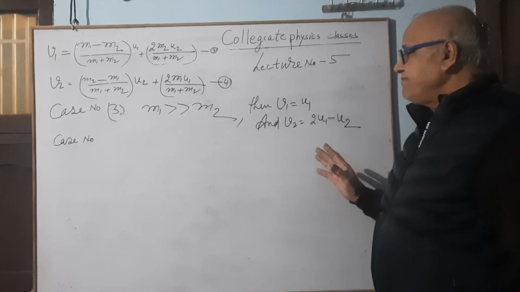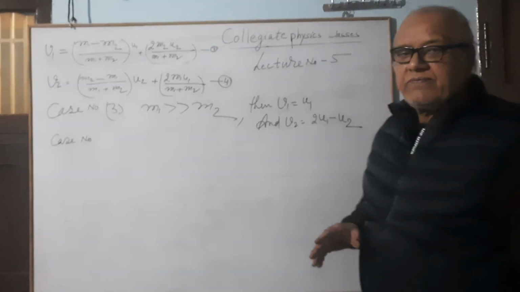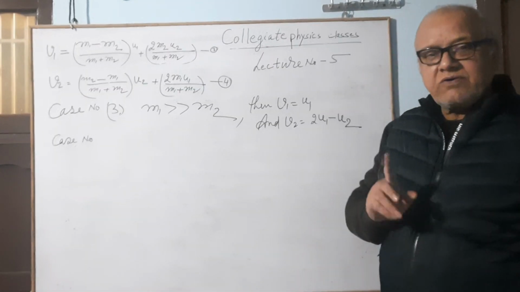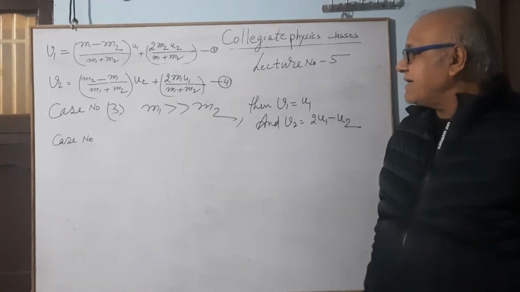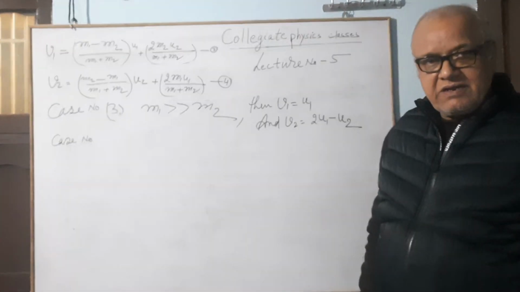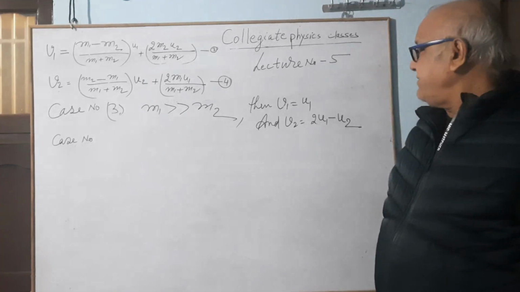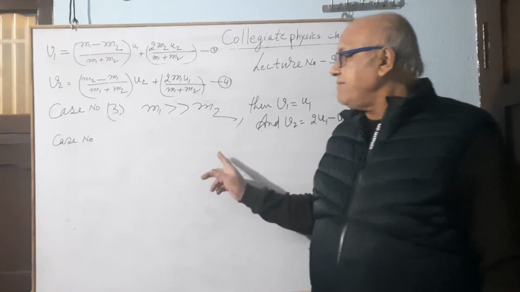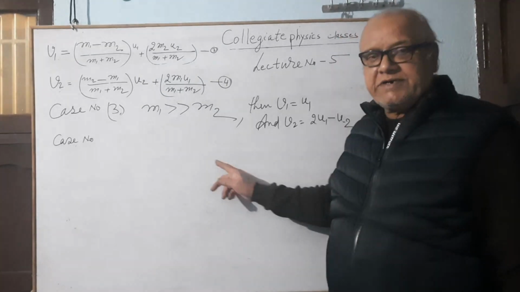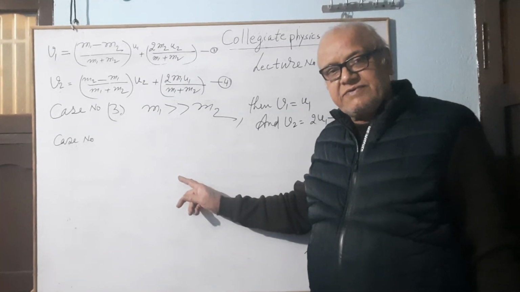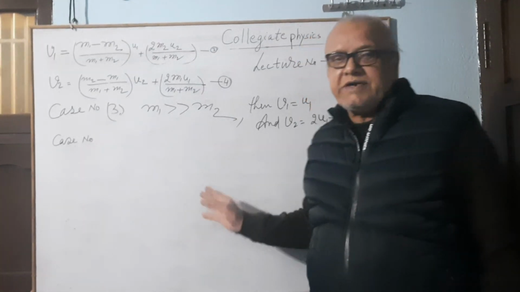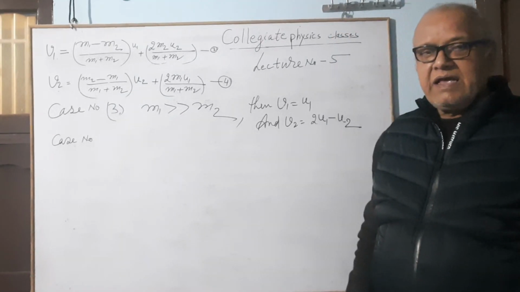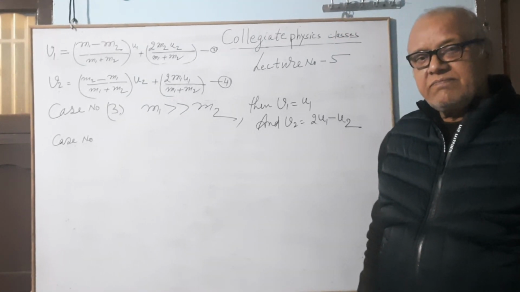These will be the velocities of the two bodies after collision. The case will be very interesting if we assume that u2 is equal to 0. That is, the second body, which is the lighter body, is at rest, and the heavier body makes a head-on collision.